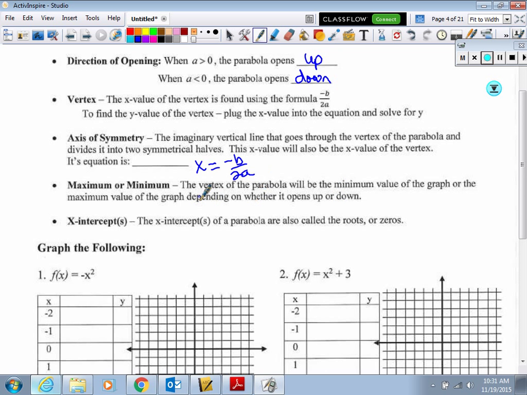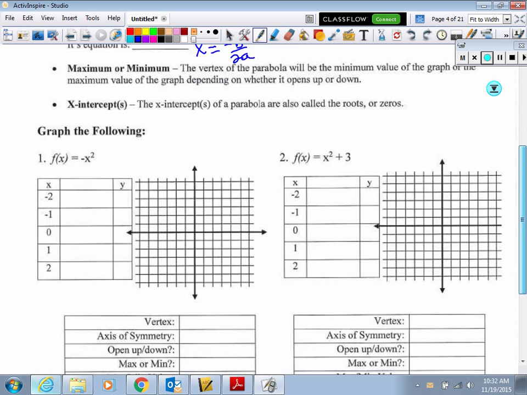Next piece, the vertex of a parabola will be the minimum value of the graph or the maximum value of the graph, depending on if it opens up or down. So if it opens up, you have a minimum, and if it opens down, you have a maximum. And then your x-intercepts, those are your zeros or roots, or some people use the word solutions.